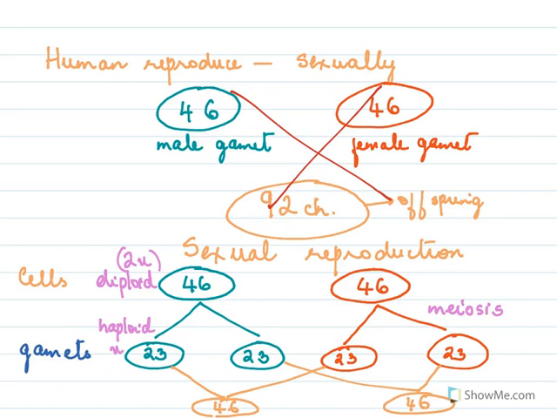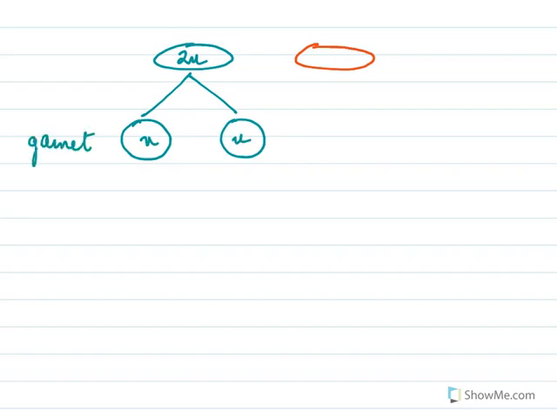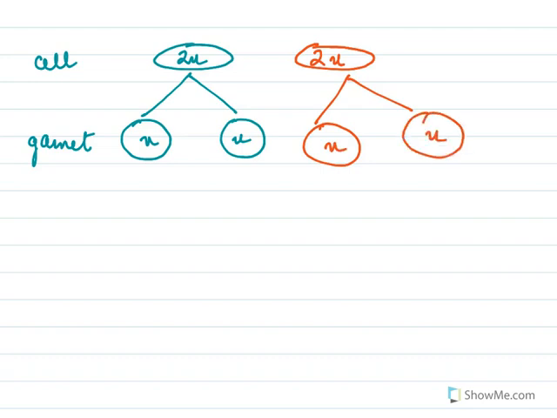So to just do it up again. You have the 2X chromosomes, which will break up into X and X. These are the gametes. This is the normal cell. Here again, the 2X has to break up into X and X. So this is haploid, one set of chromosomes, and these are diploid, two sets of chromosomes.